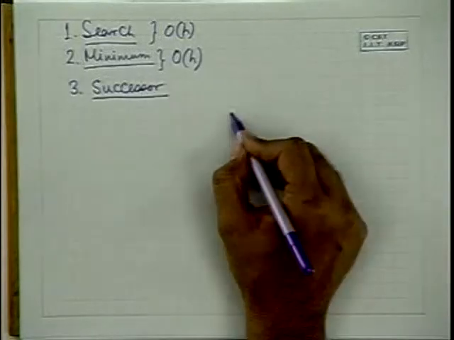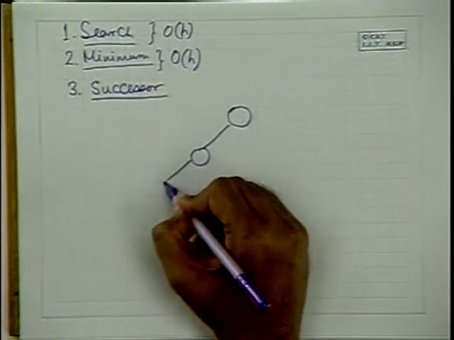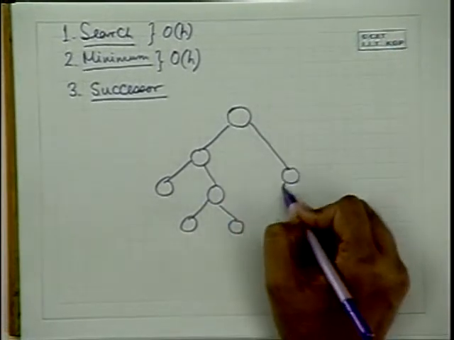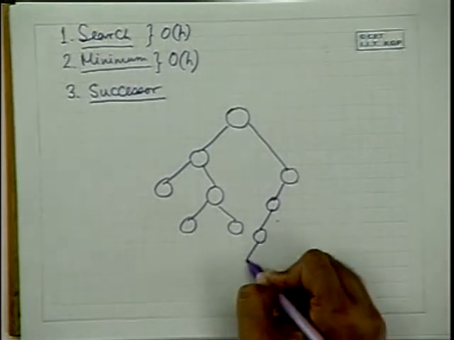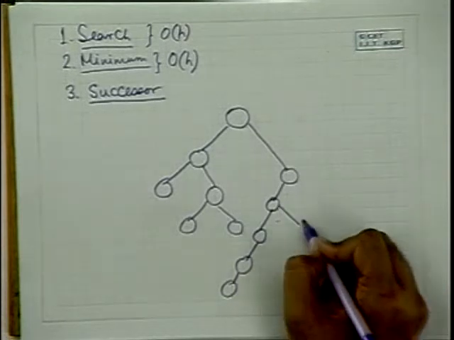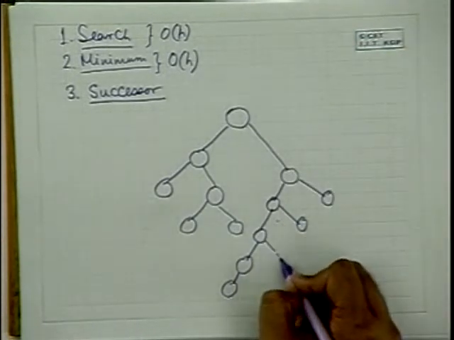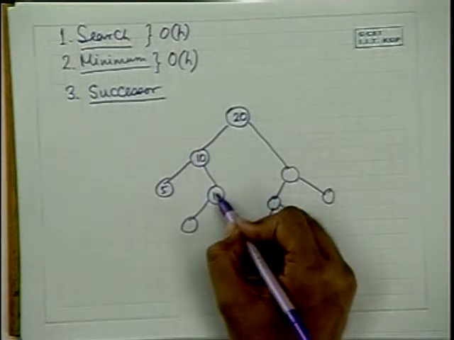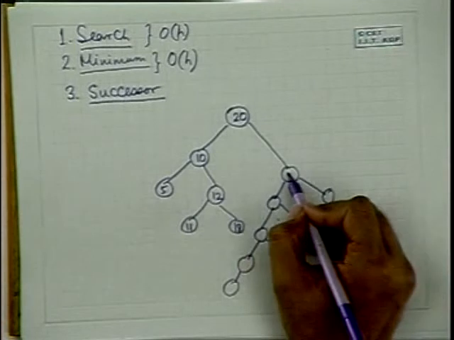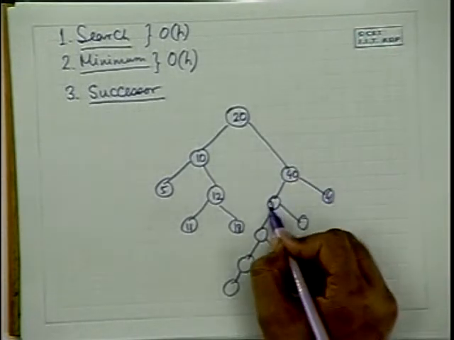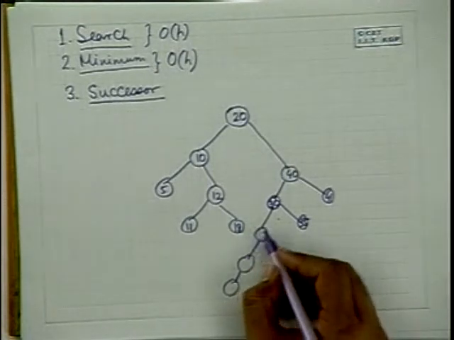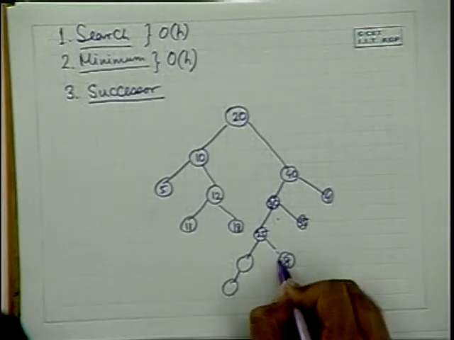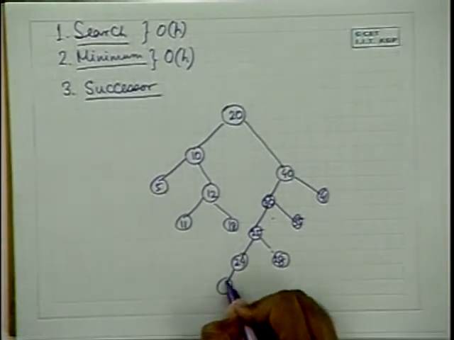Let me take an example. Let me put some numbers: 20, 10, 5, 12, 11, 18, 40, 41, 30, 35, say this one is 25, say 24, say 23.